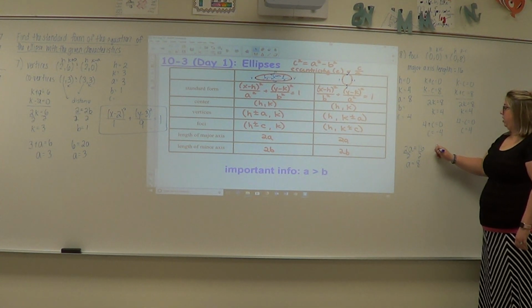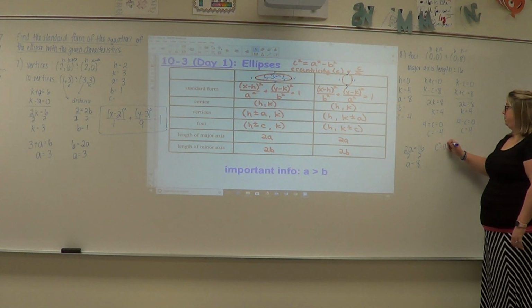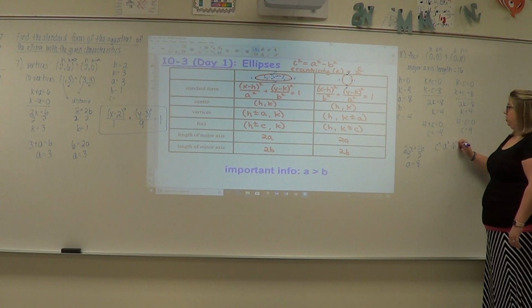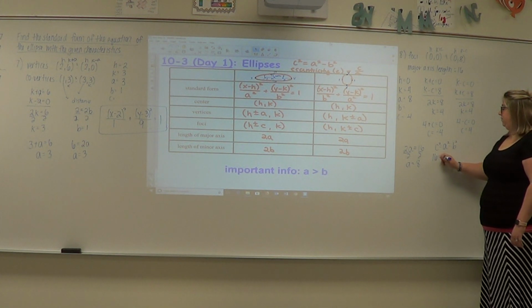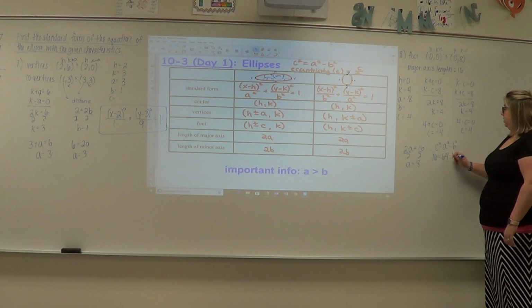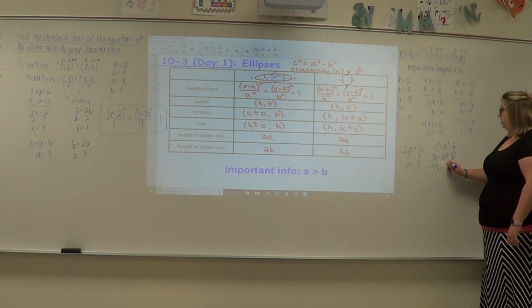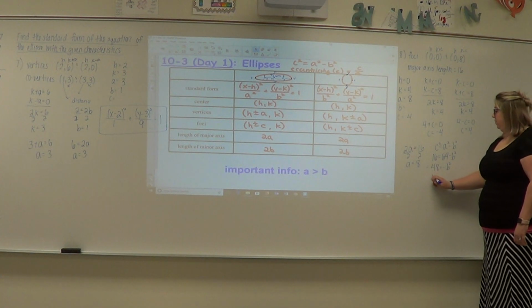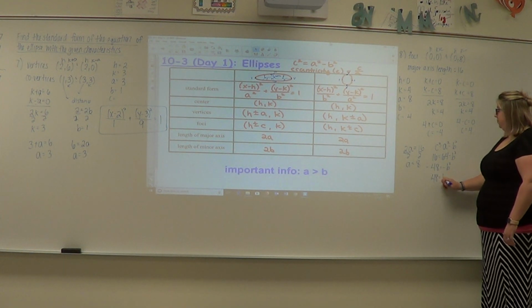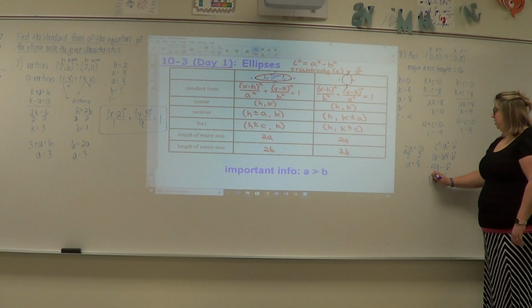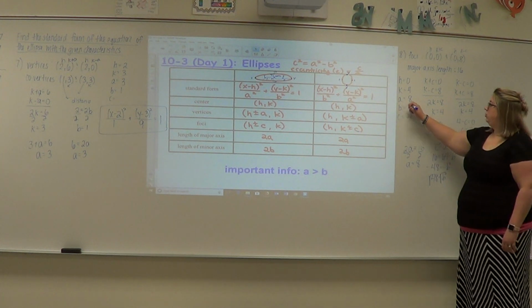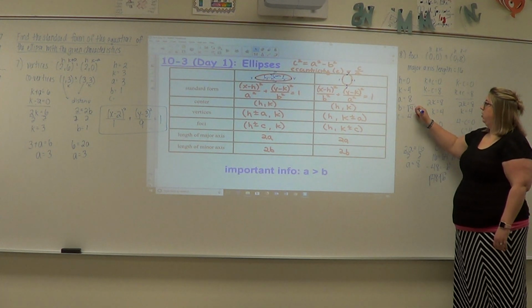Okay, so c squared equals a squared minus b squared. So 16 equals 64 minus b squared. So subtract 64, divide by negative 1. And then, I mean, you could do the square root, but when you put it in the formula, you have to square it anyway, so.